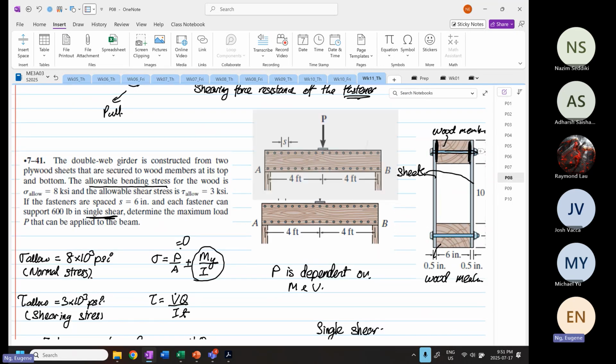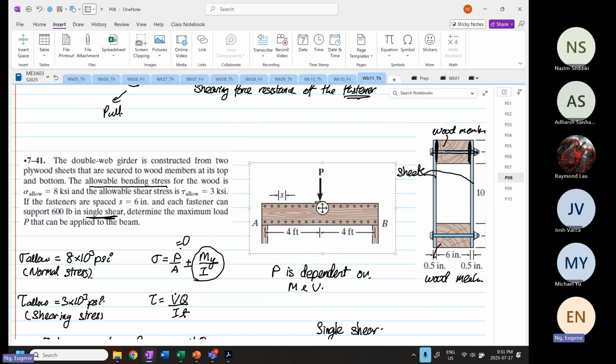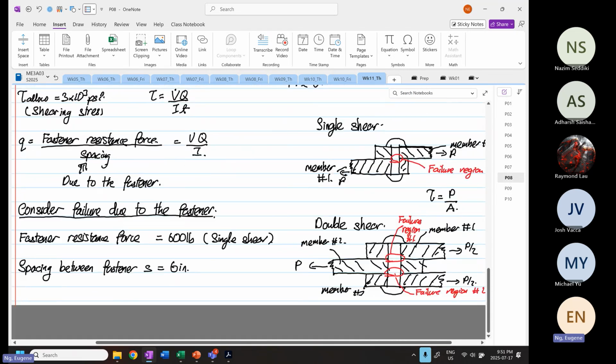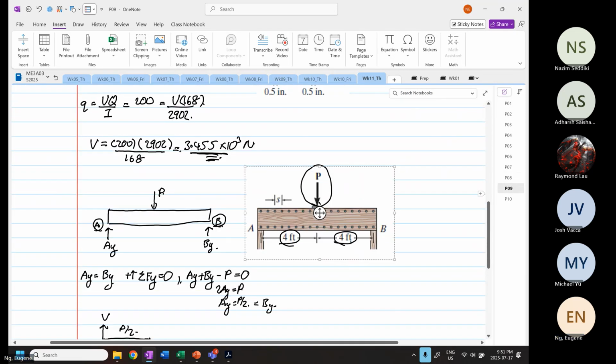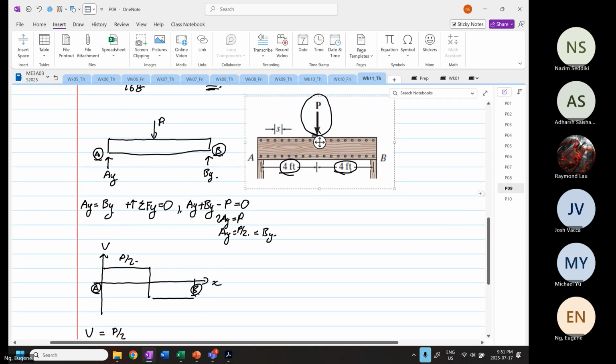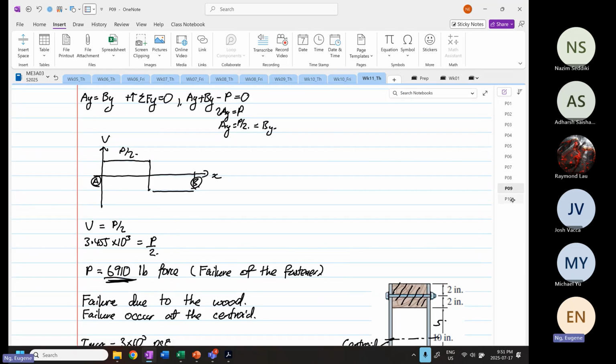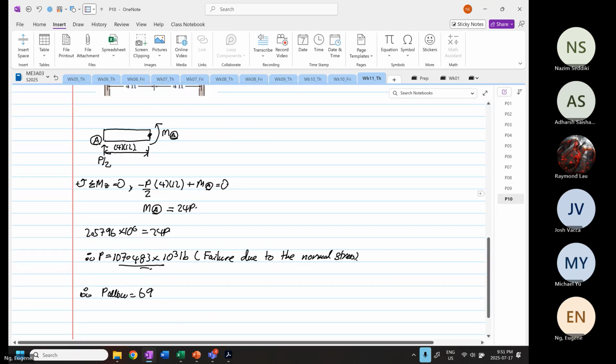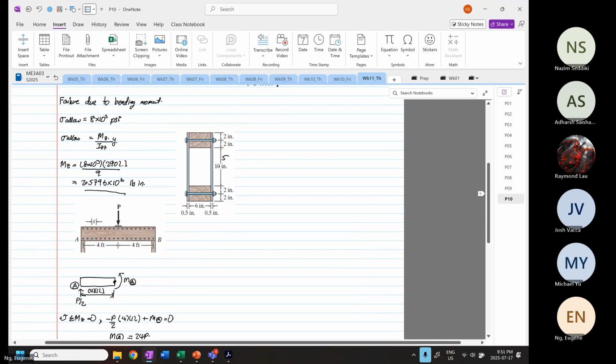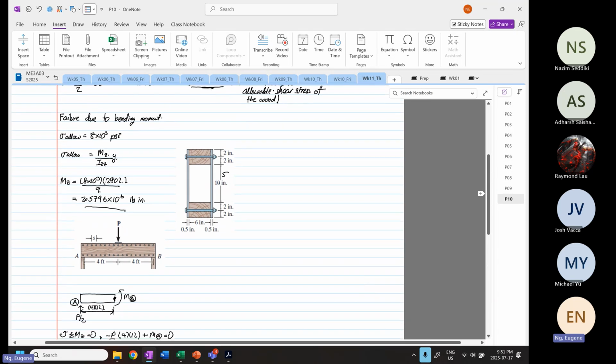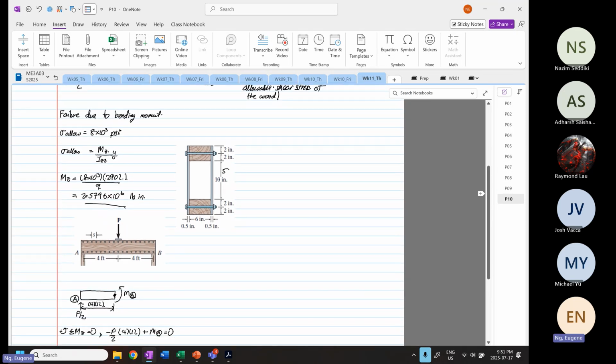The P allowable, the smallest one, is equal to 6910 pound force.